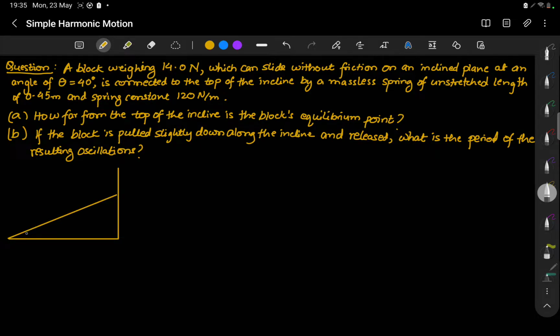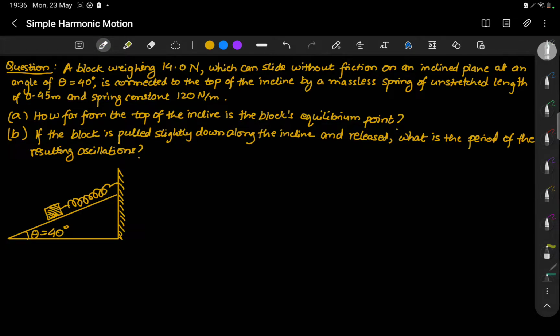This is the inclined plane. This is theta equal to 40 degrees of the incline. Then this is the wall, and here we have the spring, and then the block is on the inclined plane.